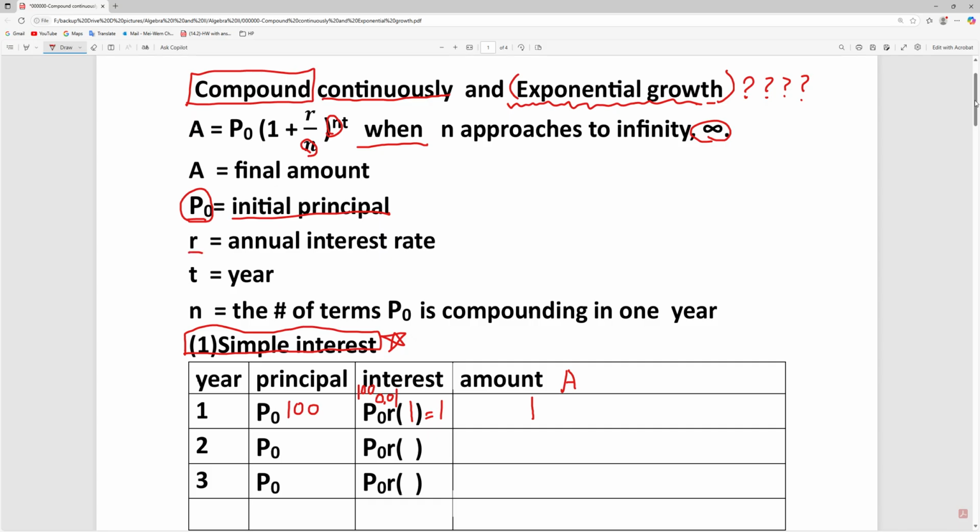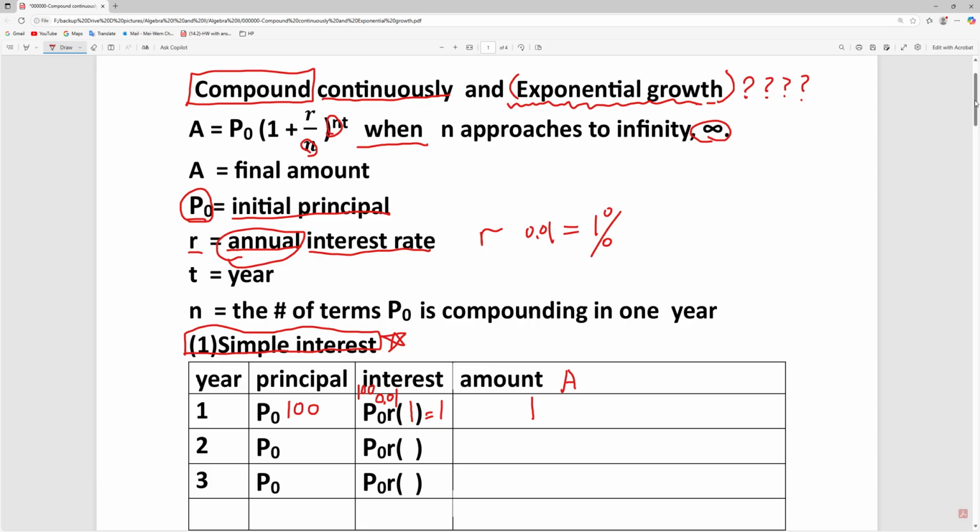So this R means annual interest rate. So all over the video, when we talk about R, it means annual. This rate give you 0.01 or 1% is because you put your money on the bank for 1 year, and we calculate your interest rate in the end of the year.